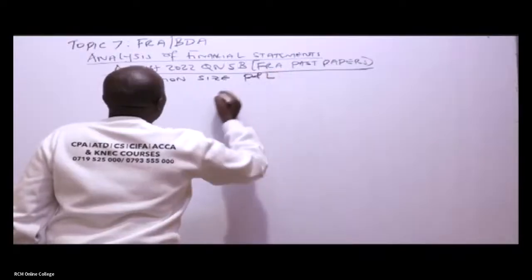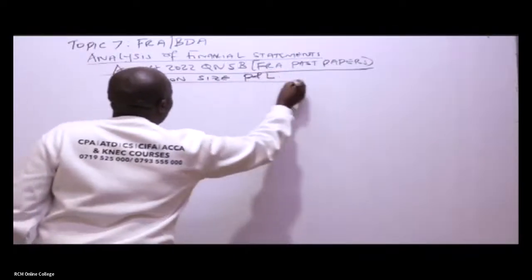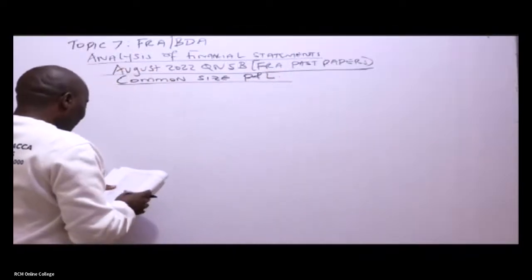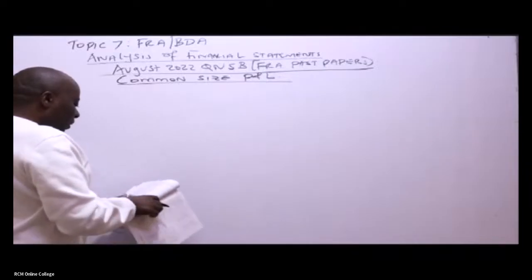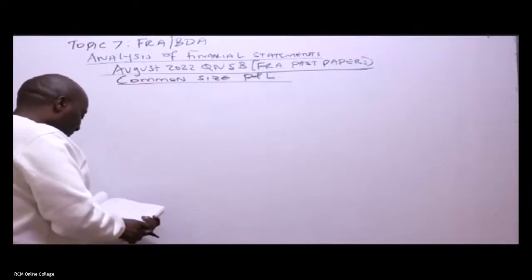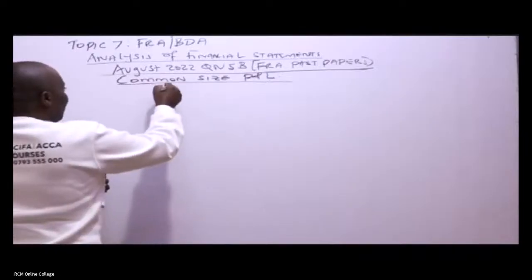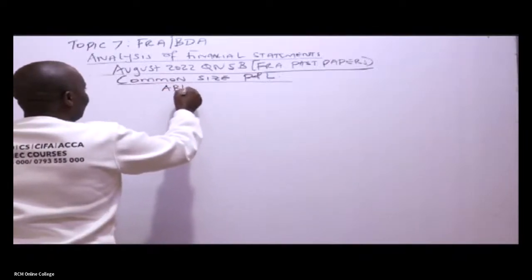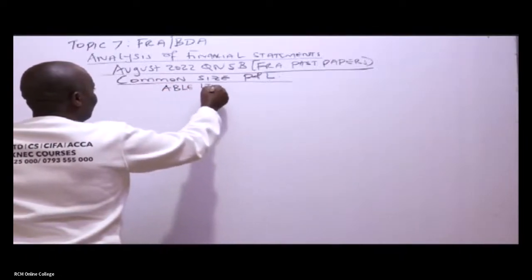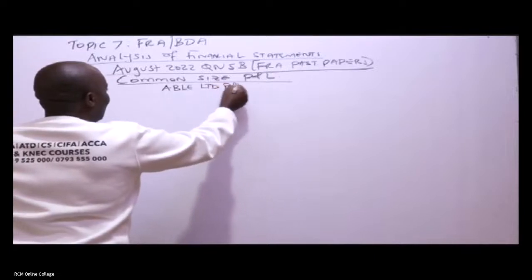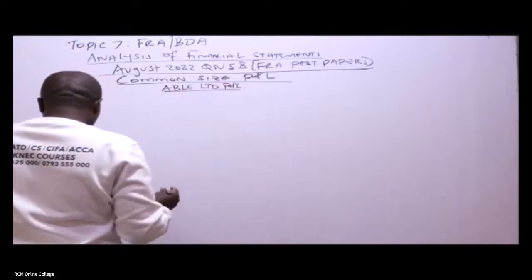Profit and loss. Very easy. So we copy for the first company. We have here AB Limited, P and L for AB Limited.